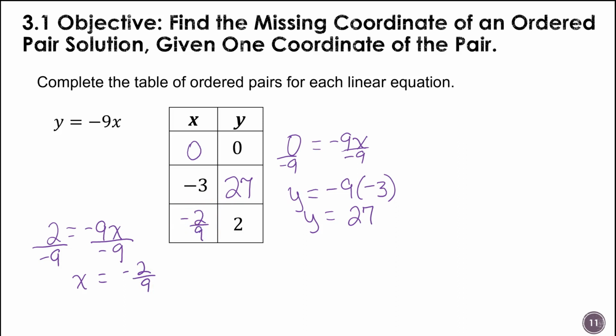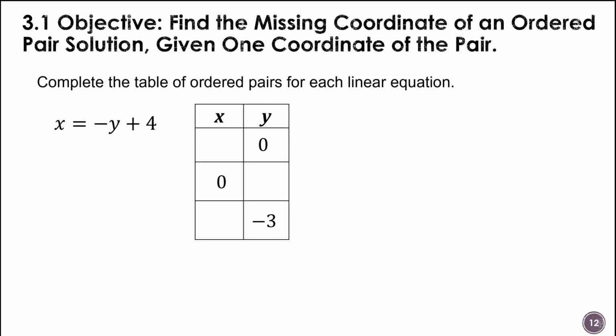Now when you graph fractions you have to just kind of estimate where they go, and then you'll also notice the 27. We normally are not going to graph something with a 27 because the graph would have to be so big.